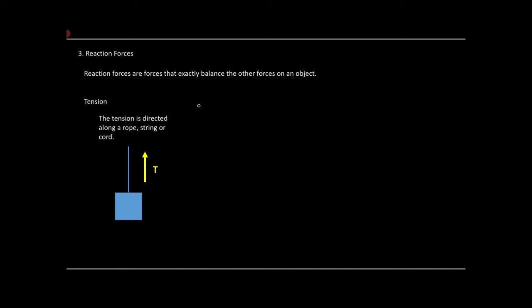Then we have something that's called the normal force. This is a force perpendicular to a surface. It's normal to a surface. So the normal force is the force perpendicular to a surface that keeps objects from passing through it.